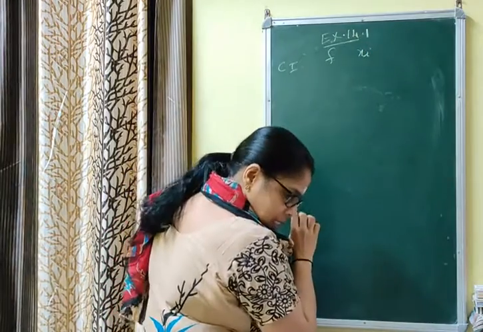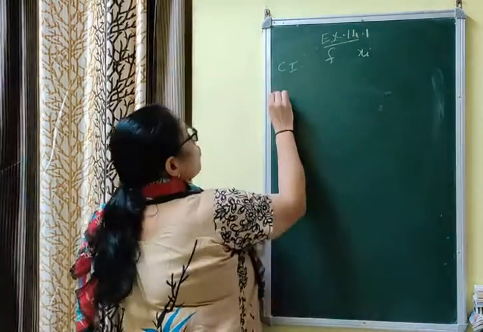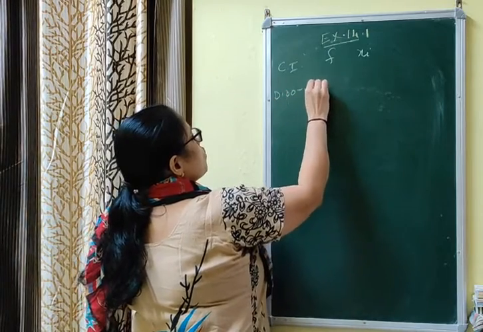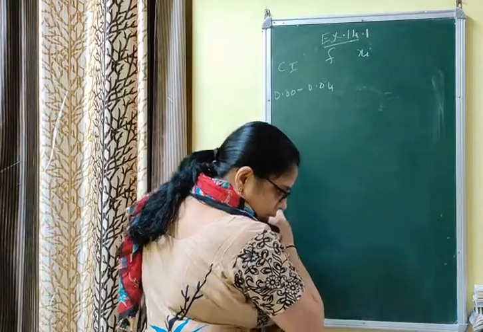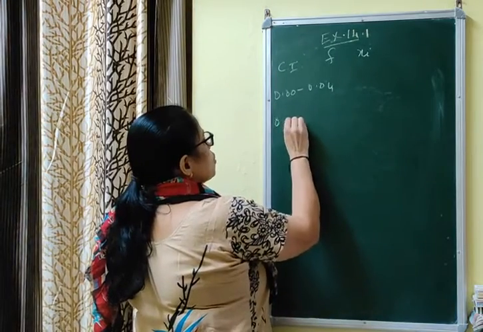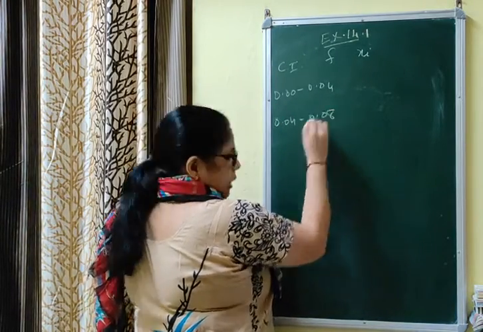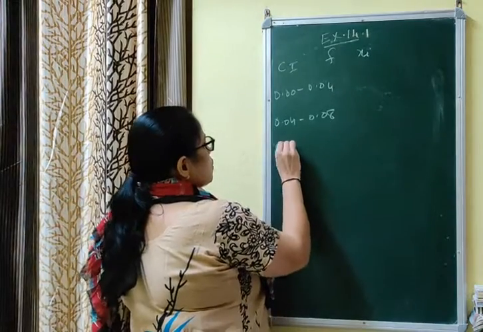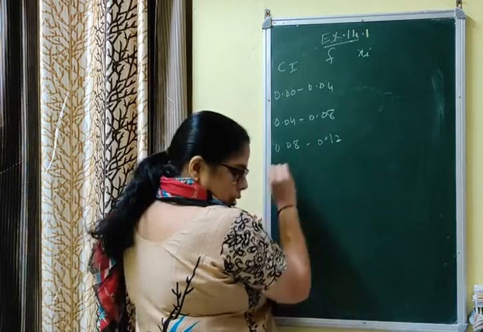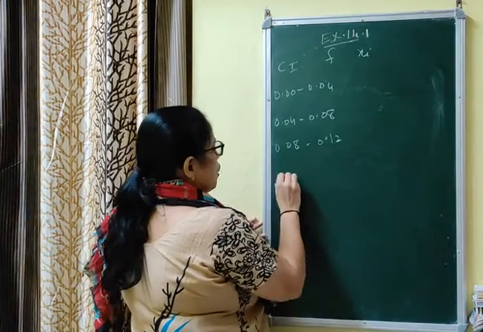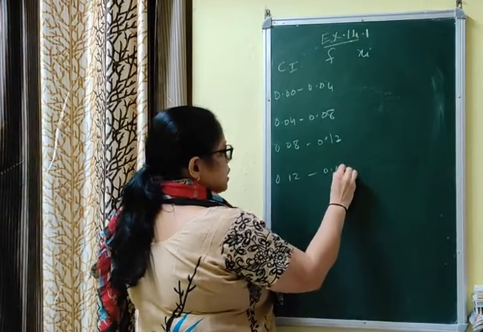Now, first is class interval 0.00 to 0.04. The gap is 0.04 and the classes are continuous. Next is 0.04 to 0.08. Third is 0.08 to 0.12. Next is 0.12 to 0.16.